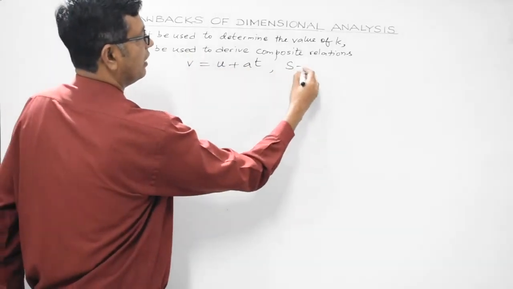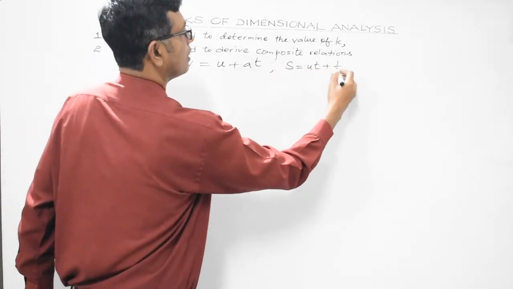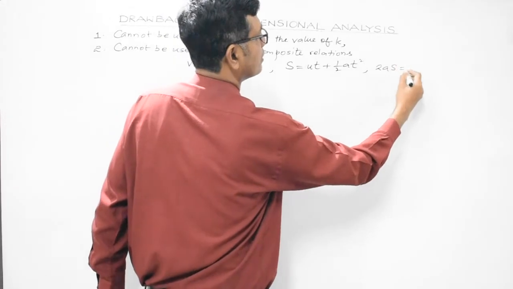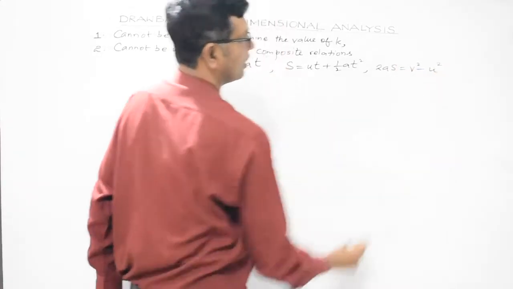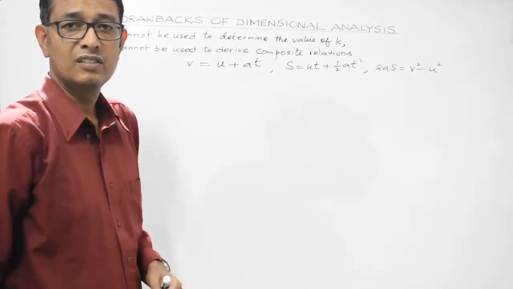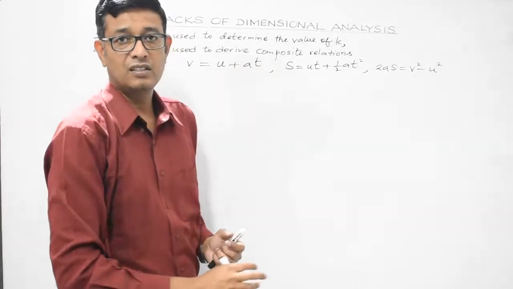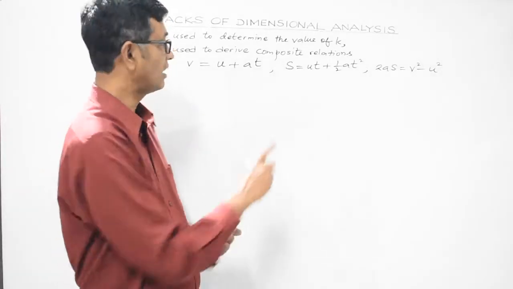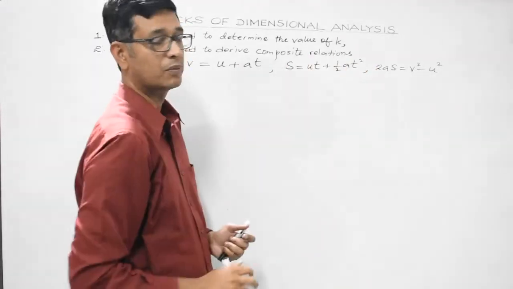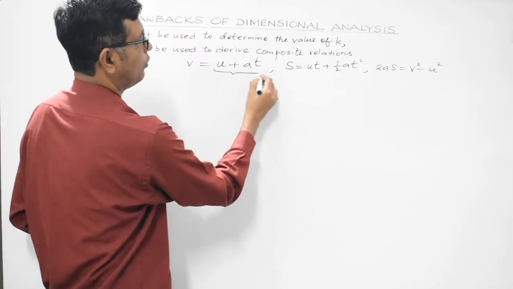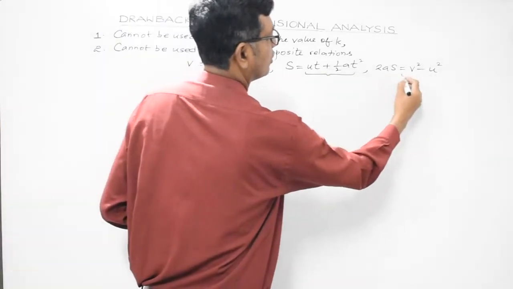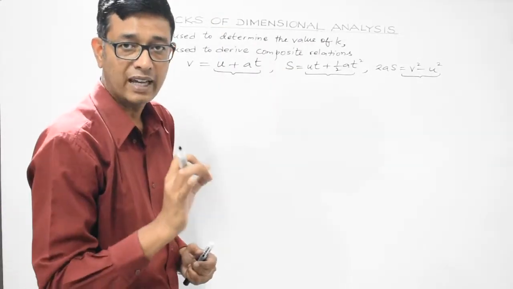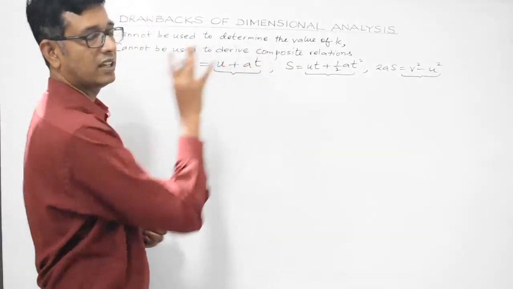Then s is equal to ut plus half at square. Then 2as is equal to v square minus u square. In all these cases, the formula contains more than one term on one side of the equation, right? And they are connected by either addition or subtraction. So these are known as composite relations. Such relations can't be derived using dimensional analysis.